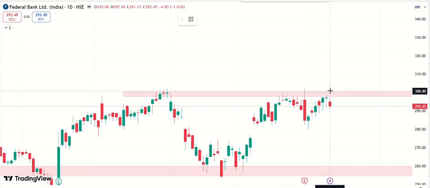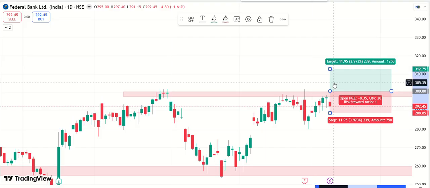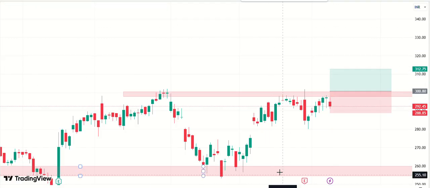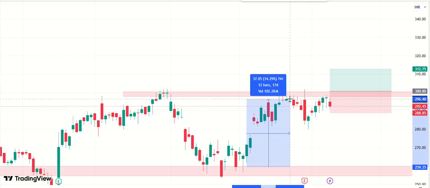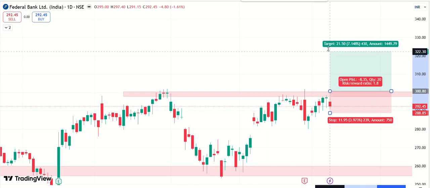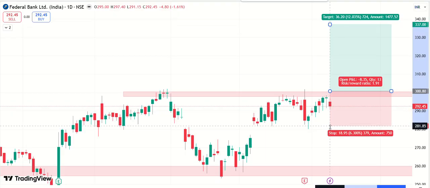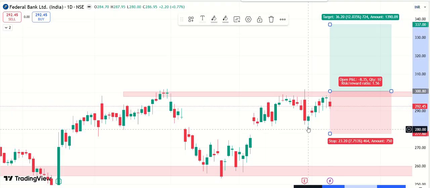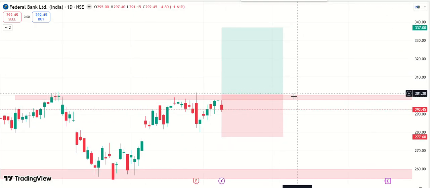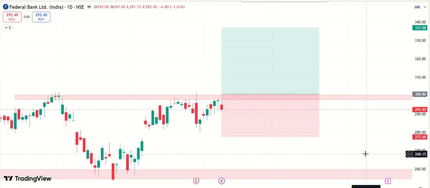So whenever it breaks the 300 region, we will go for a long trade here, 14%. I would prefer a 12 percent target here, and below this candle I put a stop loss. So in Federal Bank the entry price will be 300, the target price 337 and the stop loss 277. It will be a possible trade.